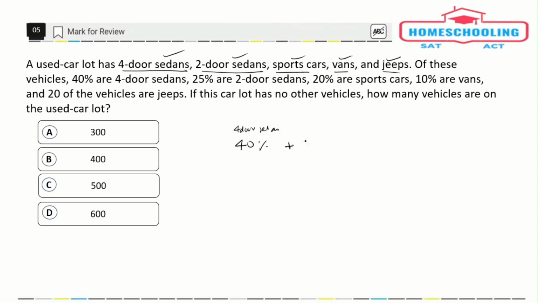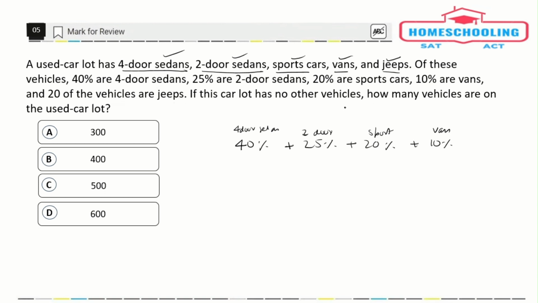Then 25% are 2-door sedans, 20% are sports cars, and 10% are vans, and the rest of the vehicles are jeeps.